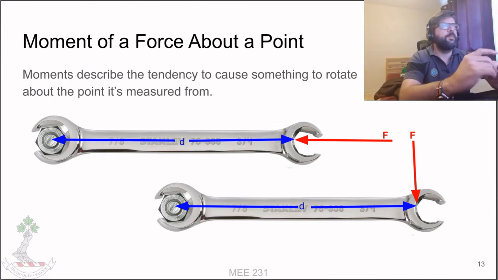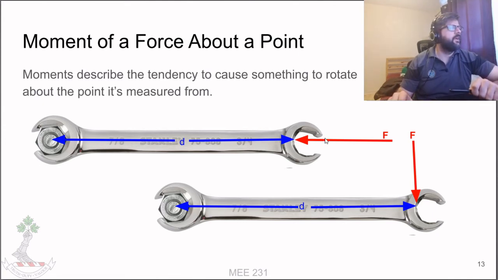So, a fine example here is a wrench. If we have a wrench here, we've got a nut, so we put the wrench on and we push on the wrench from the far end parallel to the wrench. It's not going to turn. We're just going to push, and this nut here isn't going to want to move because it's attached to something, so it'll push back, and you're not going to get any movement.